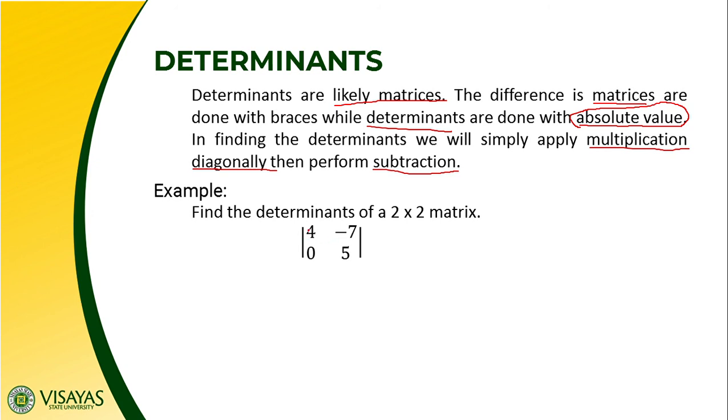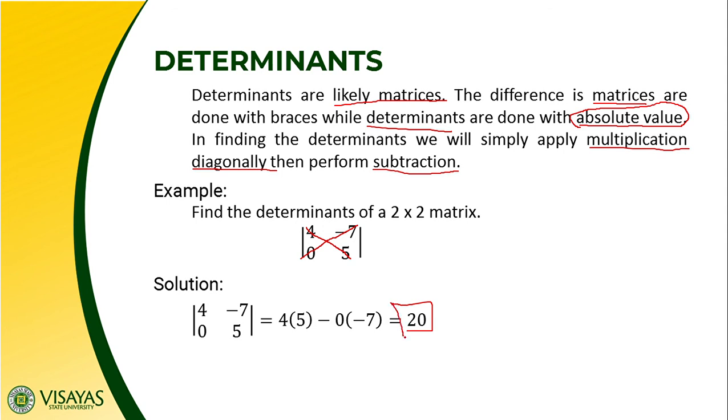In order to find the determinant of this, we first get the product of this diagonal, 4 and 5, and also 0 and negative 7. So after getting the products, you get the difference. This becomes 4 times 5 minus 0 times negative 7, and 4 times 5 is 20, and 0 times negative 7 is 0. So 20 minus 0 is still 20. Therefore, the determinant is equal to 20.